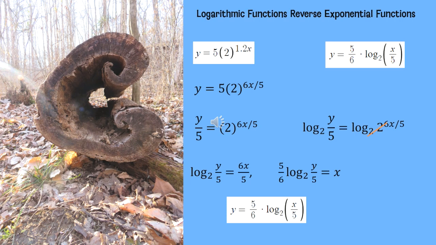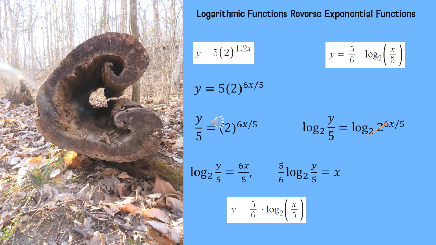I still haven't solved for x. I need to get x by itself, and so x is being multiplied by 6/5. To cancel out multiplication by 6/5, I need to multiply both sides by 5/6, the reciprocal. So 5/6 times log base 2 of y over 5 will then finally equal x.